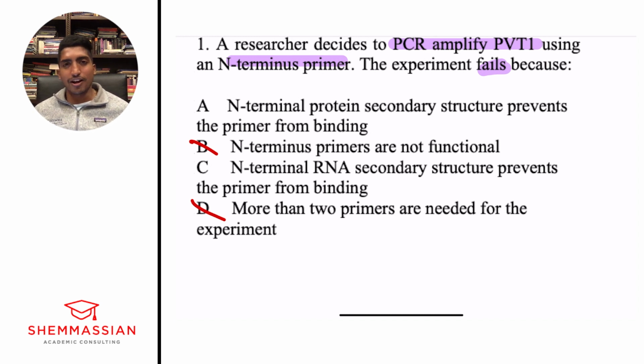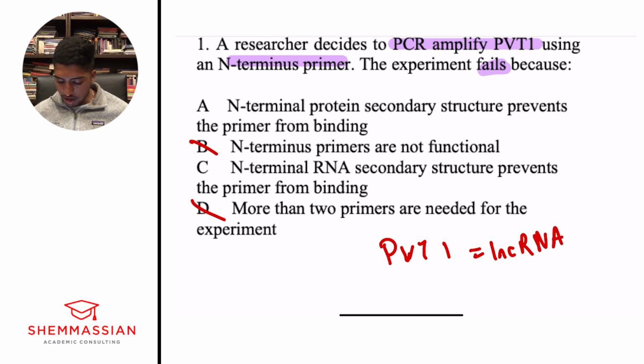And this is where an understanding of the experiment, big picture, comes in. We don't even need to focus on the little picture. What is PVT1? PVT1 is a type of LNCRNA, right? It's an RNA molecule.